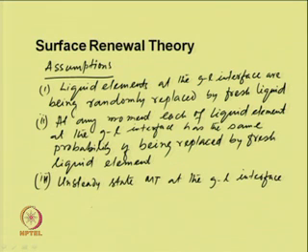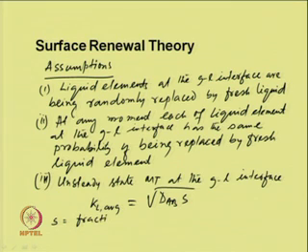So, the K_L average can be obtained as root over D_AB into S, where S is the fractional rate of surface renewal.